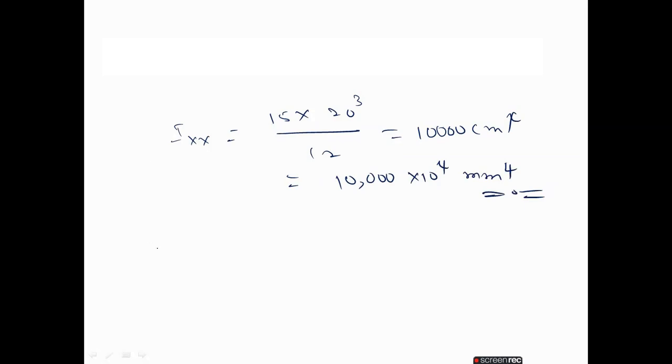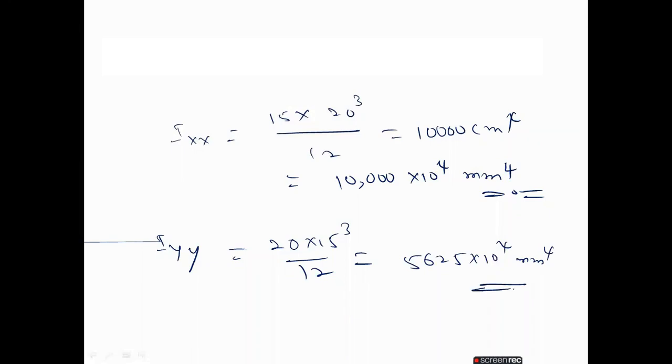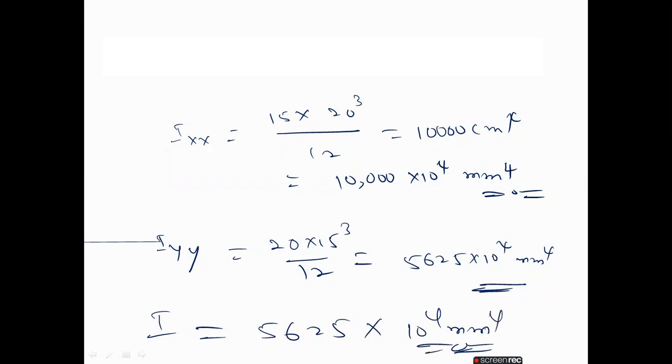Now the moment of inertia about the y-axis, BD cube by 12, we get 5625 into 10 power 4 mm power 4. Whichever is less, the column tends to buckle about it, so we take the least value, I equals 5625 into 10 power 4 mm power 4.